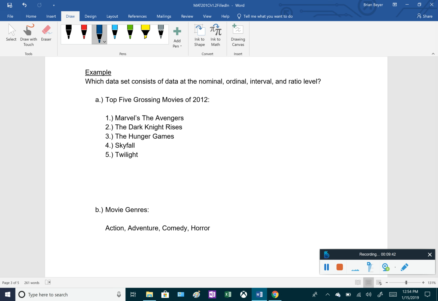So we want to think, what kind of data do we have? Well, this is qualitative data. So since this is qualitative, this can only be either ordinal or nominal. Since the data is in order, this has to be ordinal. So this is at the ordinal level.